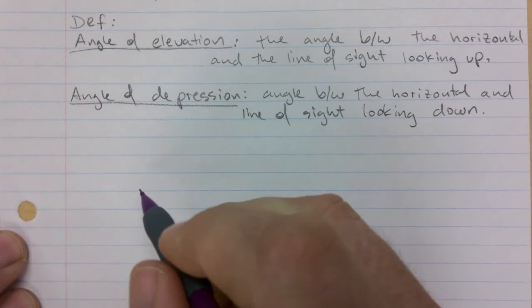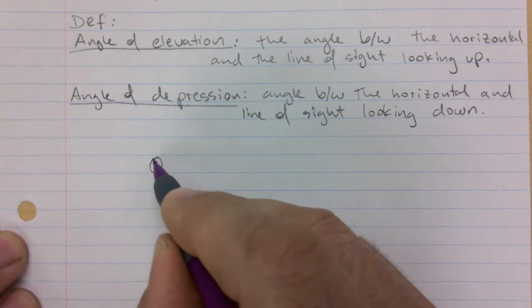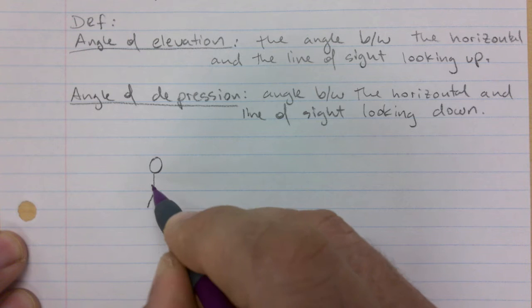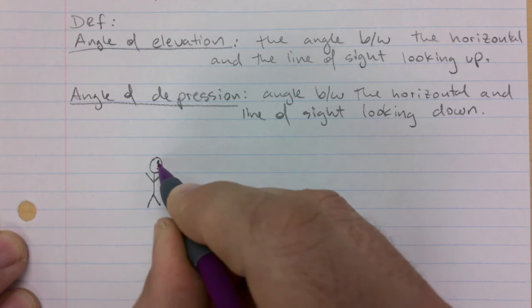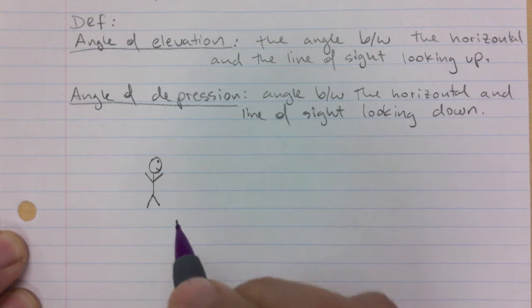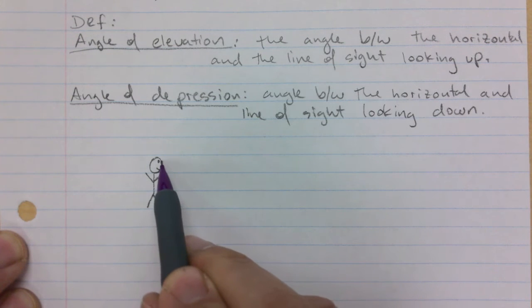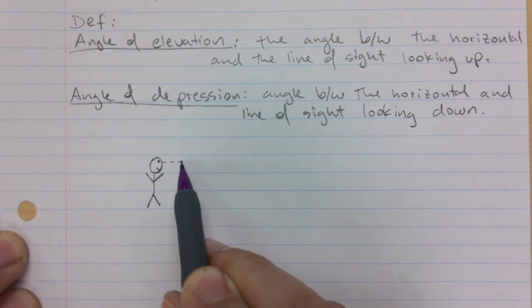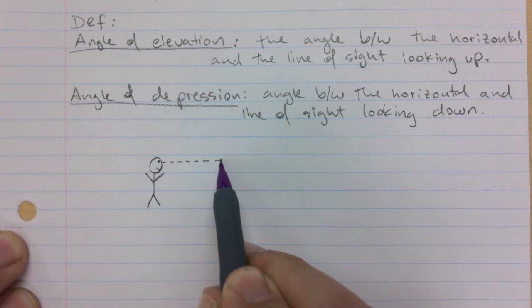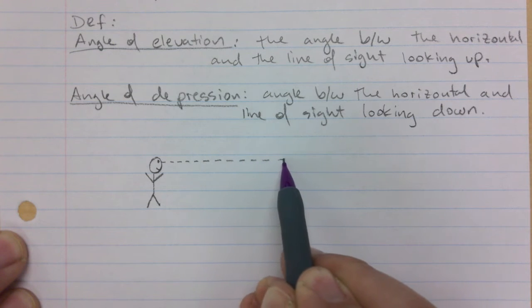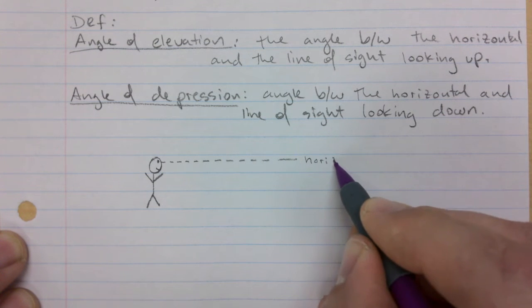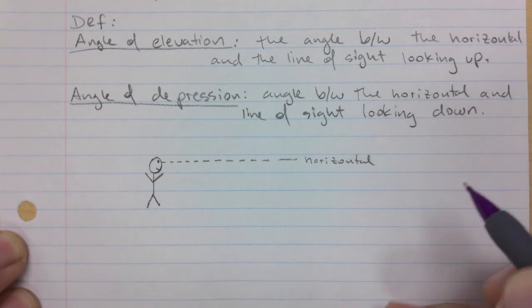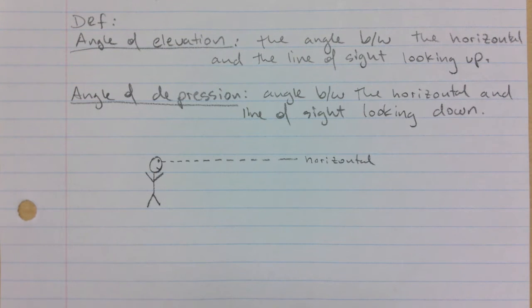So just to give you an idea, there's this individual looking out, and the horizontal would be going like that, a horizontal line. And then there's a line of sight going up and one down.